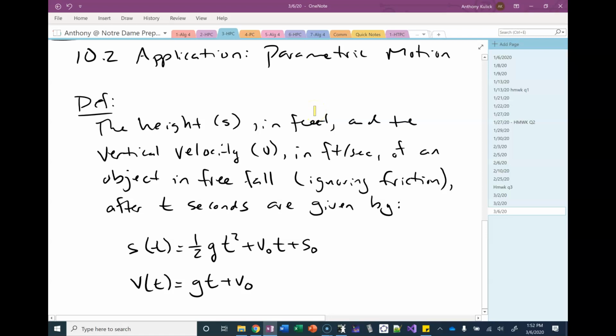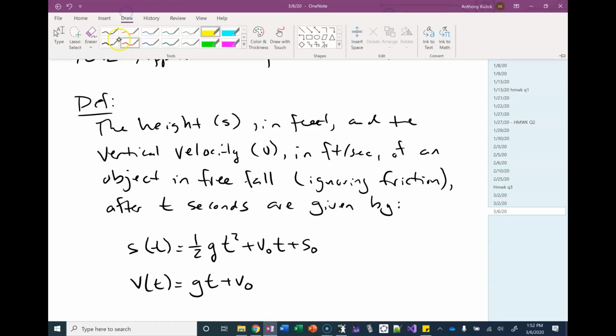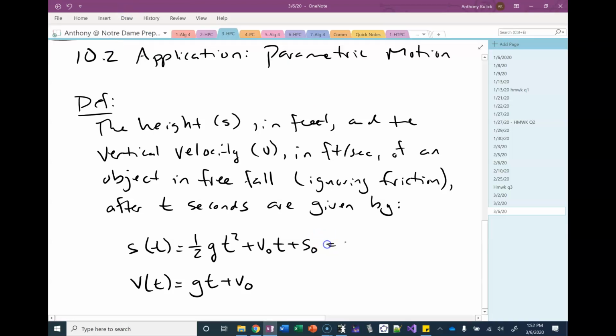Feet. Does anybody remember gravity in feet? It's -32. So if we do that, this becomes -16t squared plus v naught t plus s naught. And then we have -32t plus v naught.